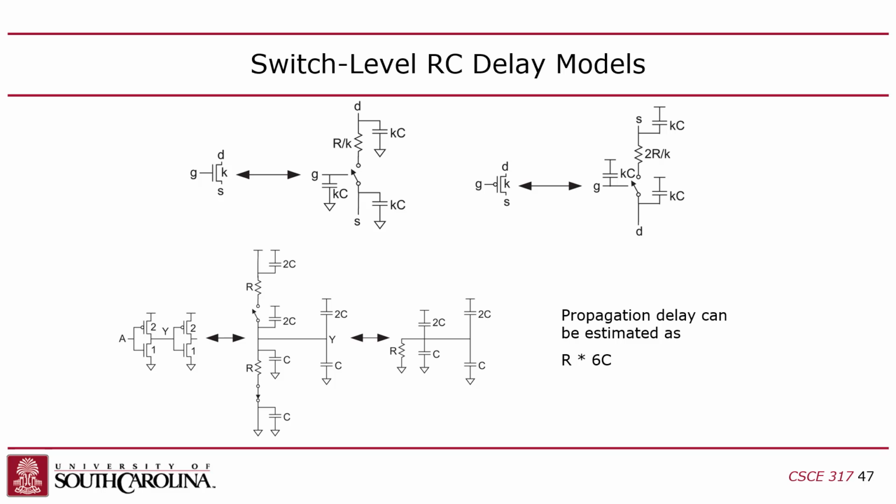Likewise, on the pull-up transistor, the source over here, this capacitor, again, look, both terminals of this guy are VDD, so we don't care about him. But if you look at the drain capacitor, this is now between Y and VDD. You guys see that? Okay, so what you end up with, if you simplify this, is a resistor that's connected to a capacitor to ground of C units of capacitance and a capacitor to VDD of 2C units.